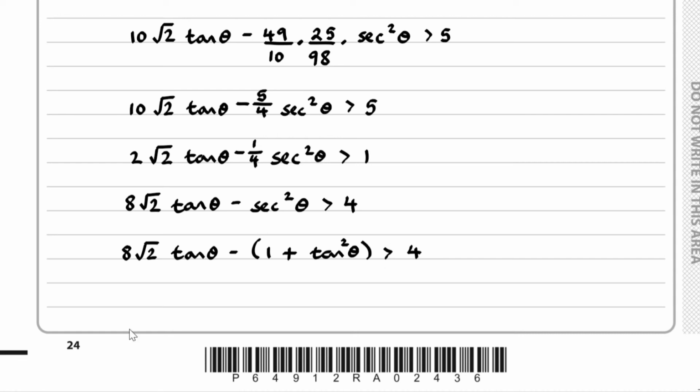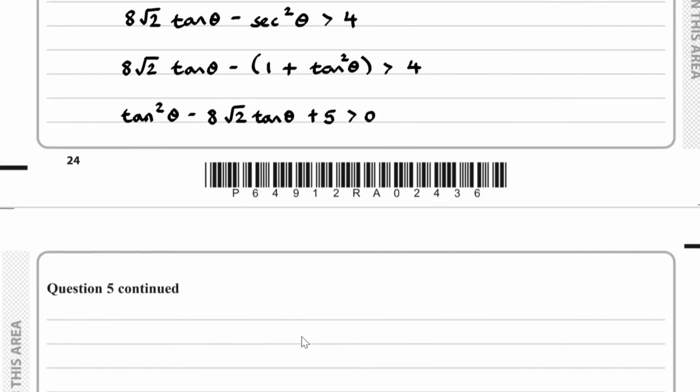And if we simplify, if we take everything over to the other side, we would end up with tan squared theta subtract 8 root 2 tan theta plus 5 being greater than 0. Now we need to solve this inequality to find the range of values of theta.